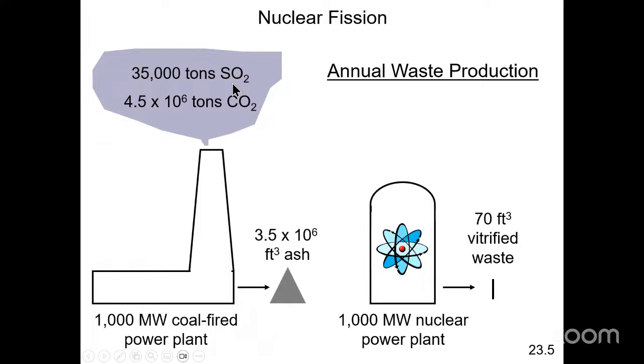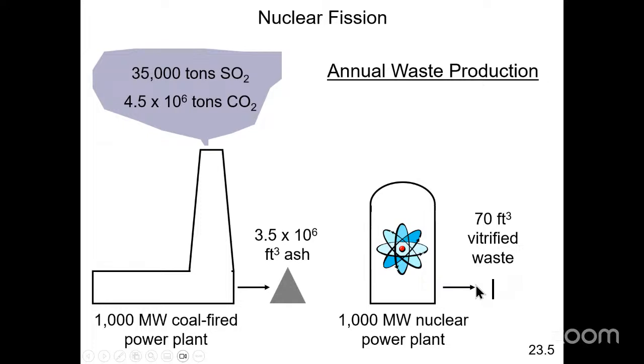You have this much sulfur dioxide and this much carbon dioxide, which would be let out into the atmosphere. And of course, that is a concern. And in addition, you have some ash, solid waste that is produced as well, which you'd have to get rid of, all right? In the case of a nuclear power plant, which generates the same amount of energy, the amount of waste in terms of volume is shown right here, right?